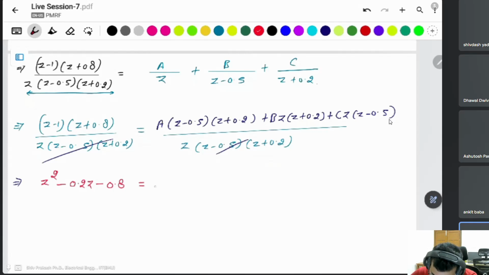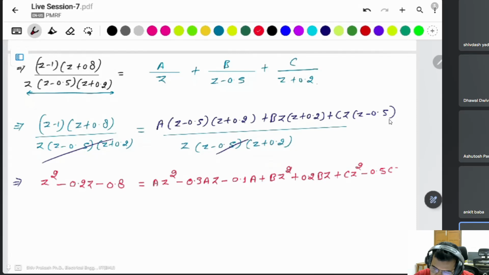Same thing on the right: A(z square minus 0.5 z plus 0.2 z), which is A(z square minus 0.3 z minus 0.1), plus B(z square plus 0.2 z), plus C(z square minus 0.5 z).